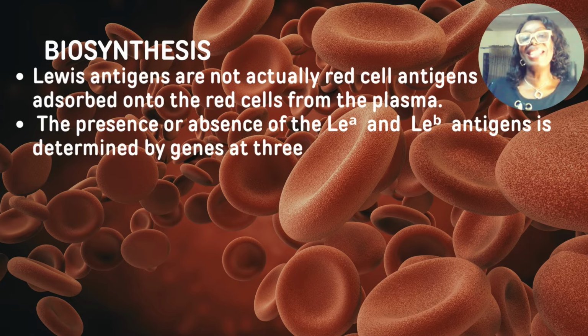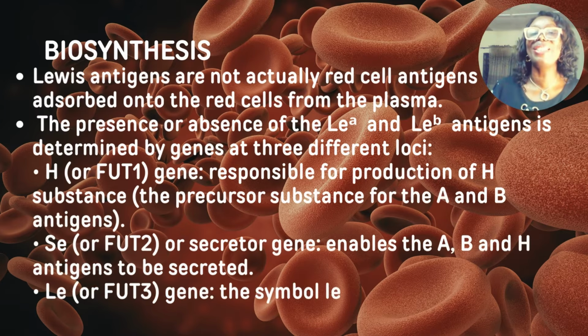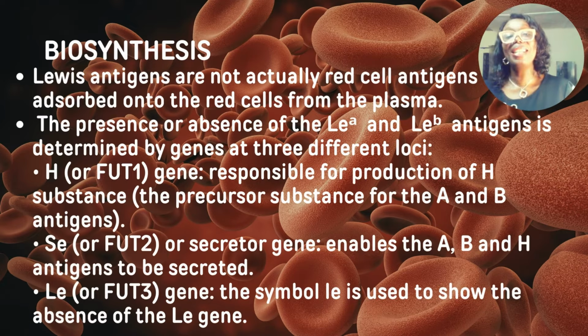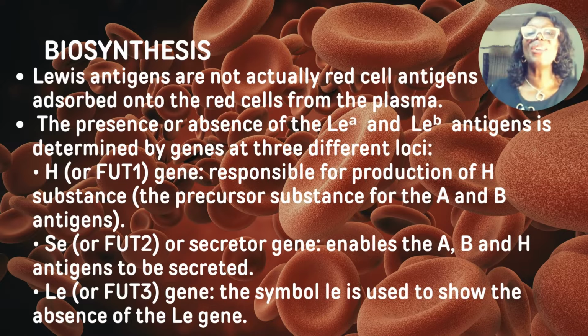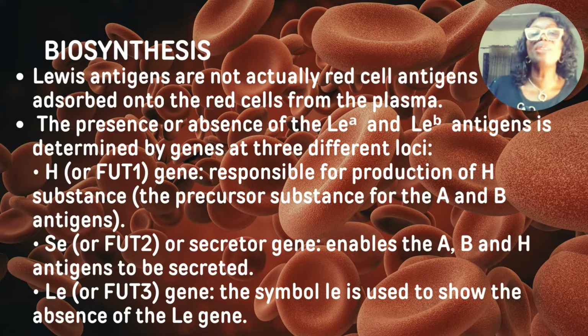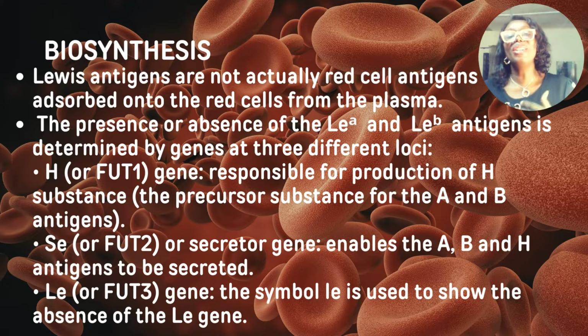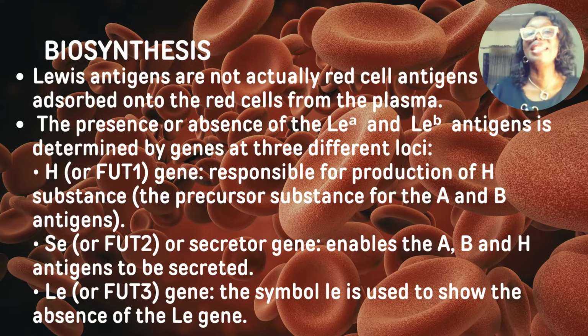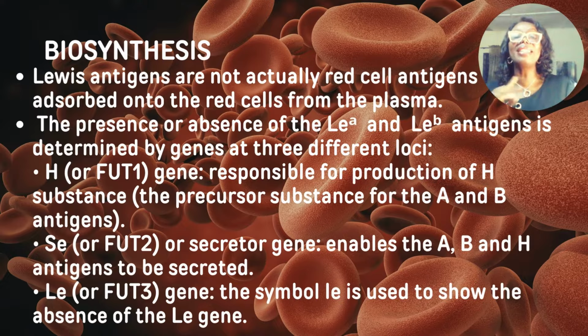So let's now take a closer look at the biosynthesis of Lewis antigens. The Lewis antigens, like I've said before, are not actually red cell antigens. They are absorbed onto the red cell from the plasma. The presence or absence of the Lewis A or Lewis B antigen is determined by genes at three different loci.